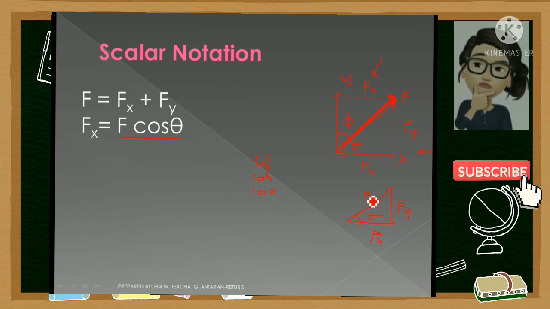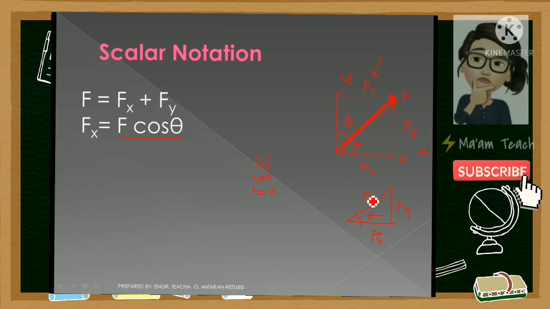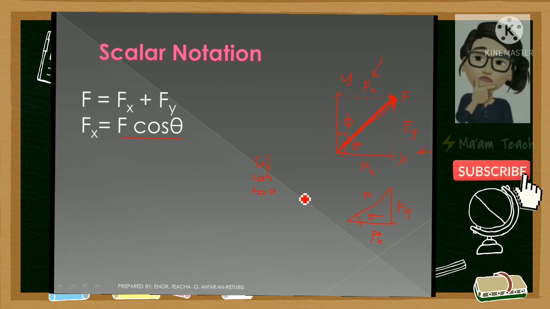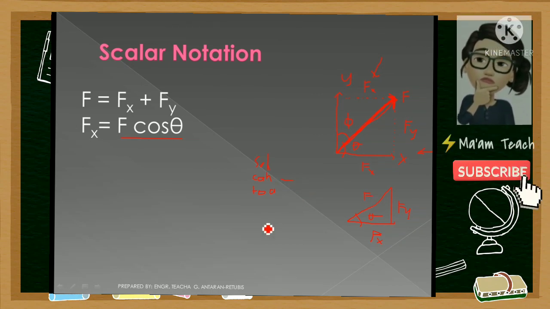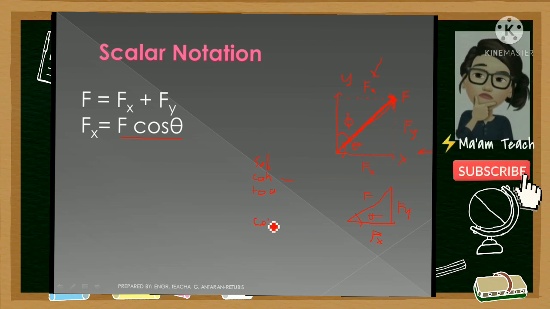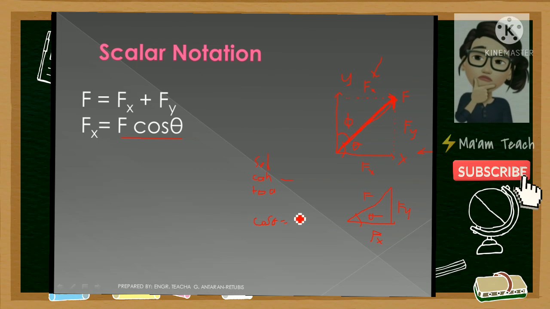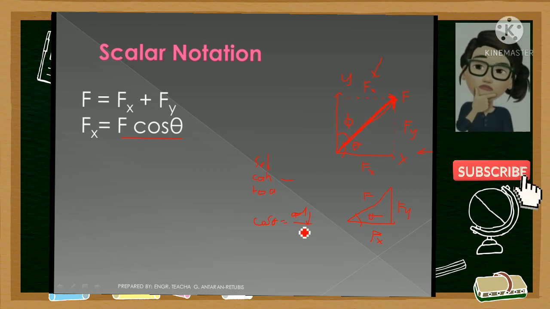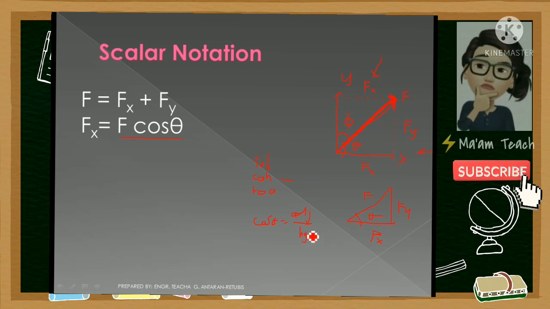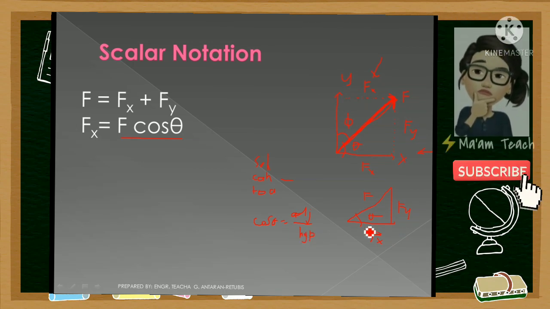So what do you think? What trigonometric identity is appropriate here? Obviously it will be the cosine, because cosine theta is simply adjacent over your hypotenuse. I'm sorry for my handwriting, I'm using the mouse.